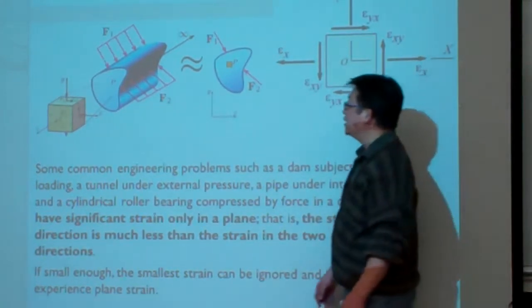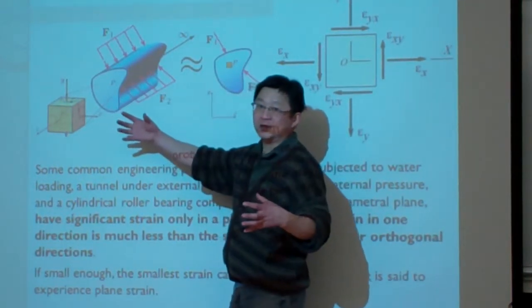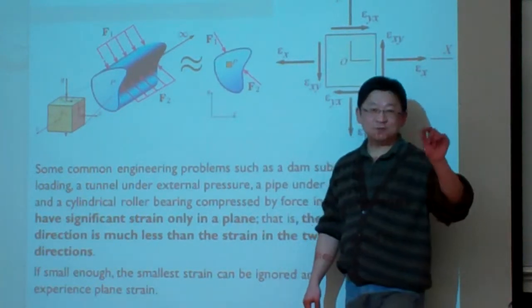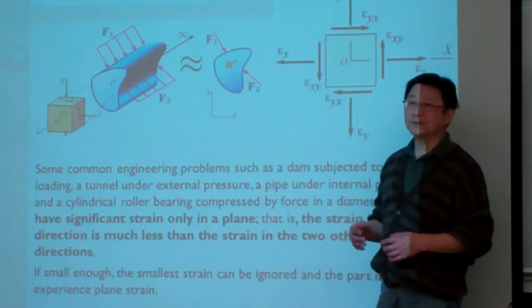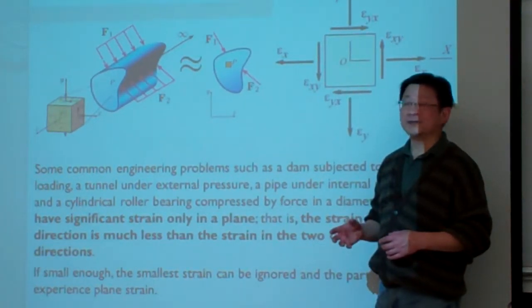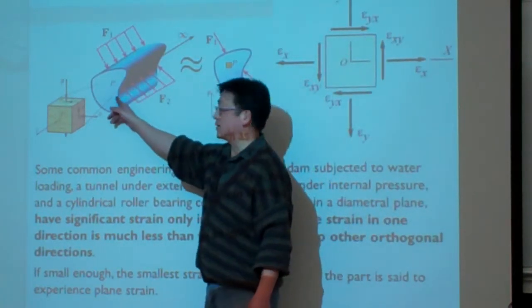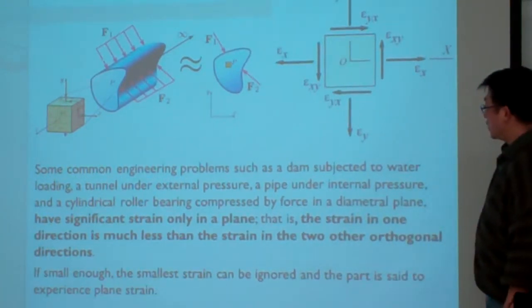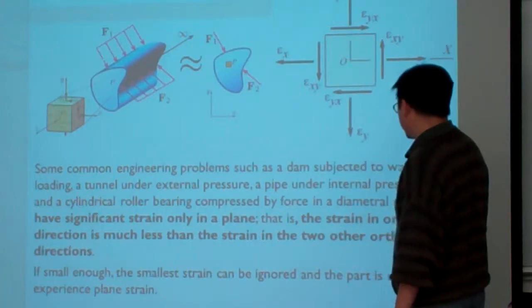So that means rather than model the three-dimensional big chunk, we can just use a two-dimensional sheet material, okay, and with appropriate modification in the material properties, you'll be able to use this 2D model to simplify the complicated 3D. So under these situations, the information is this.